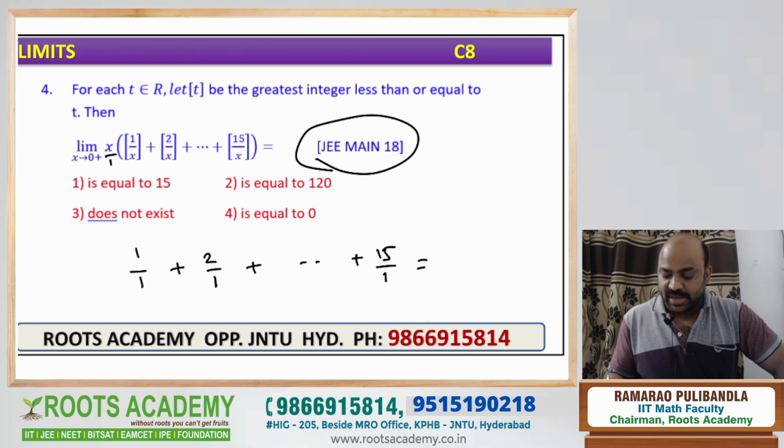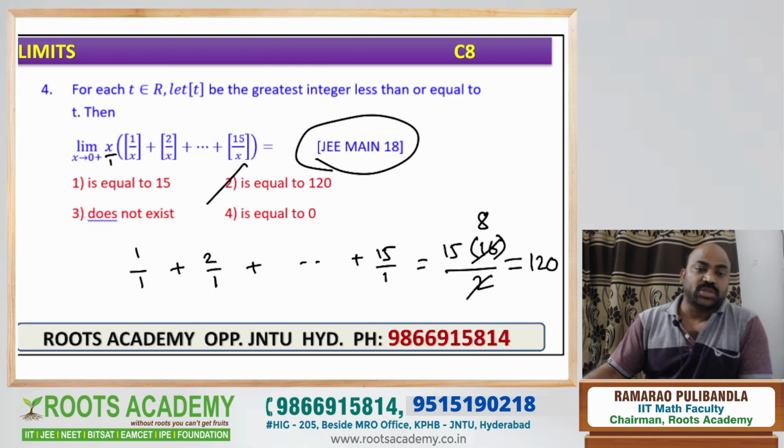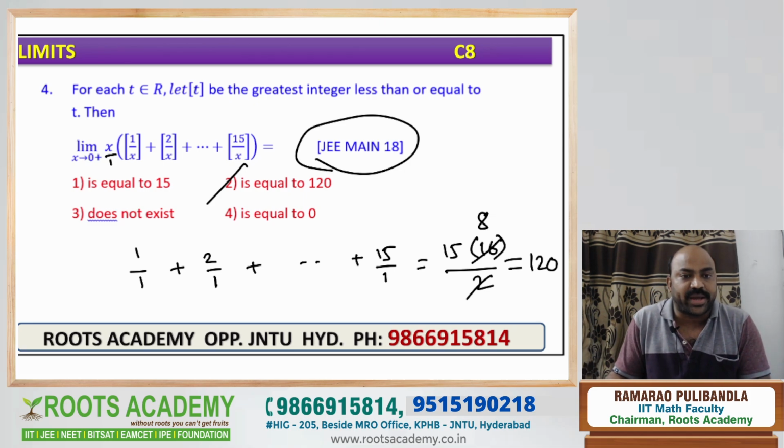When I cut this, 15 into 16 by 2, I will get 120. How many of you got this? JEE Mains 2018. What a beautiful question it is. Are you able to follow me, dear students?